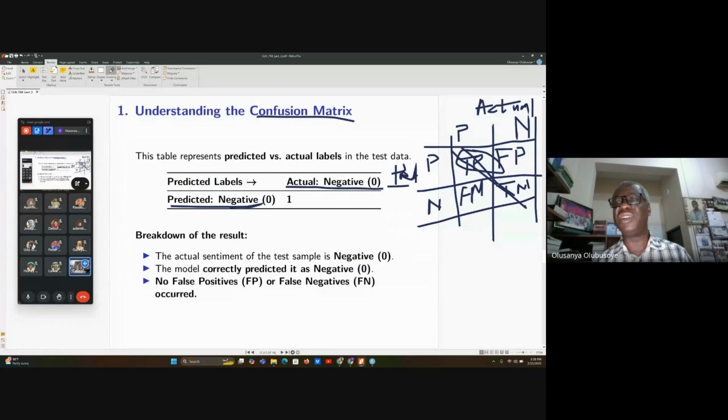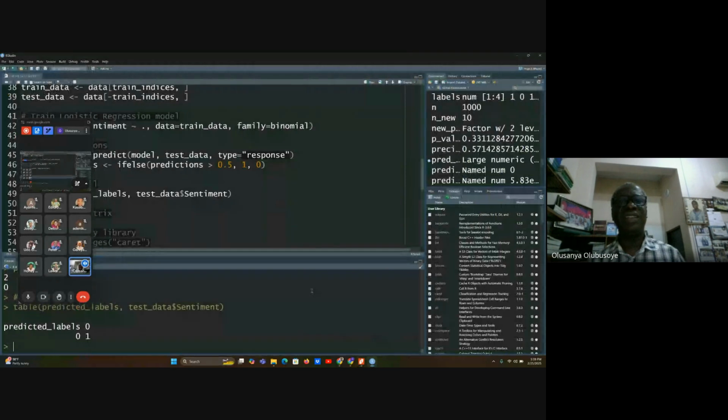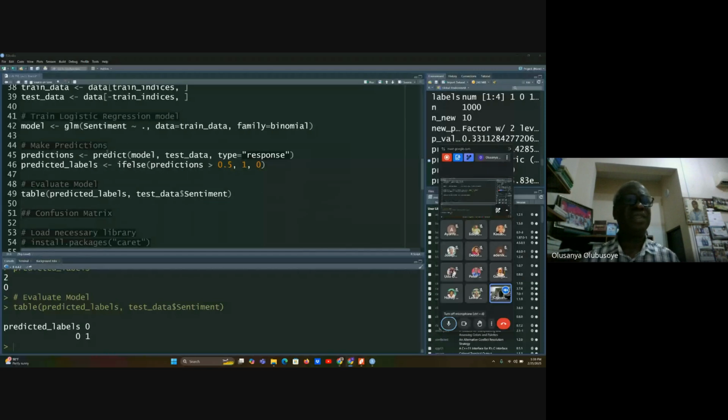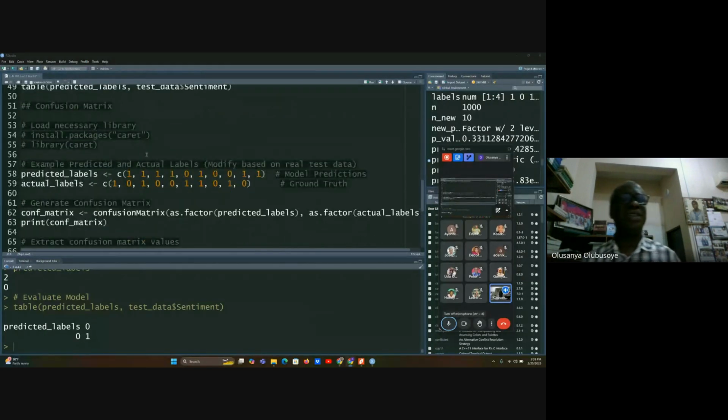You have correct predictions here. So the value here plus the value here will give you the total correct predictions, and then over the total of everything overall. Let me demonstrate that here before we call it a day.